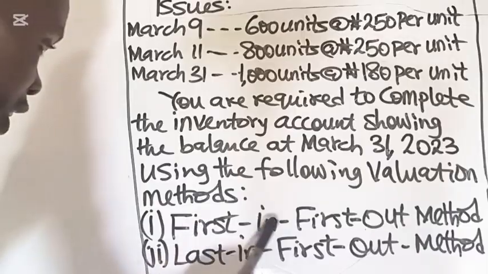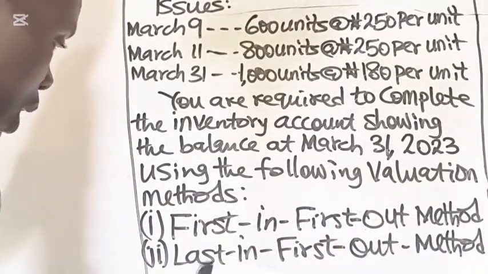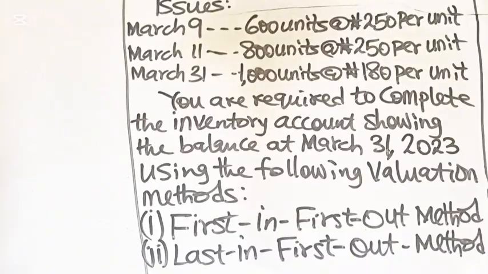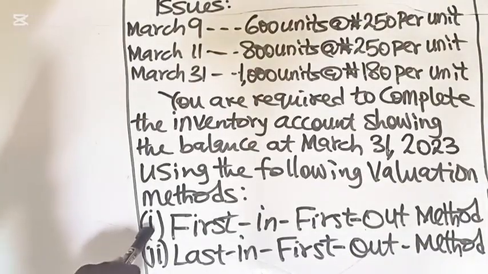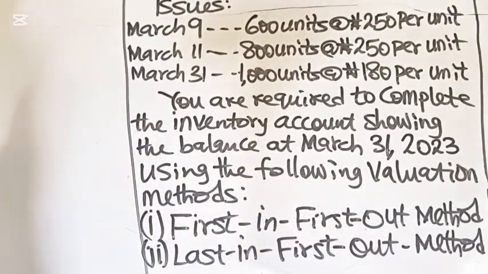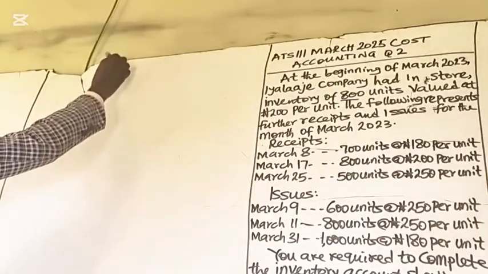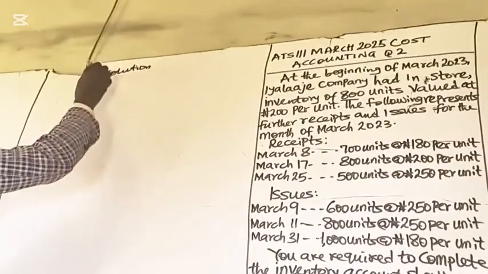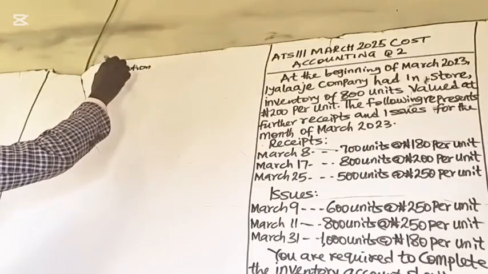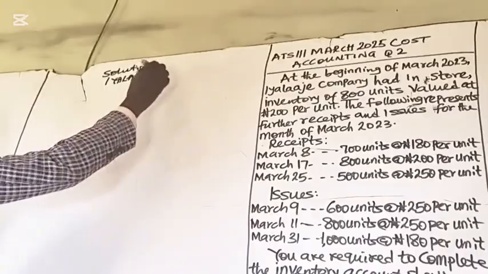One, first in, first out method. Two, last in, first out method. Now, let's have the solution to the question. In the first part, you are to use the first in, first out method. The name of the entity is Iyalaje Company.